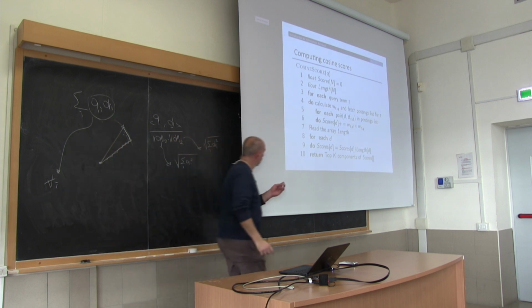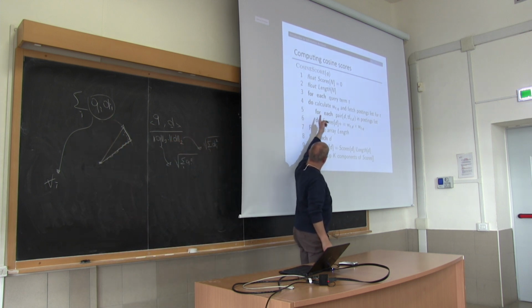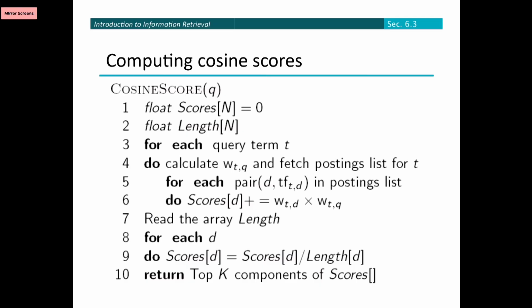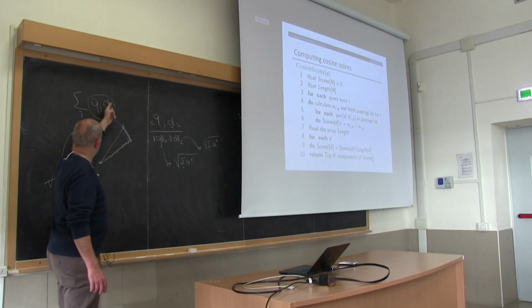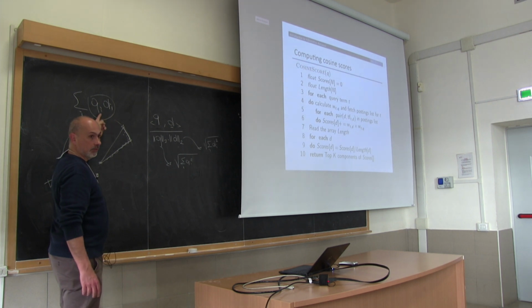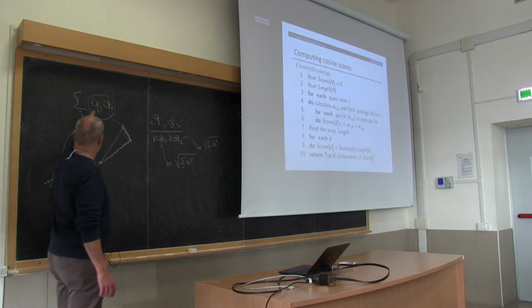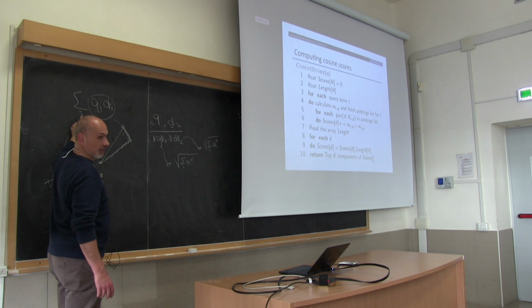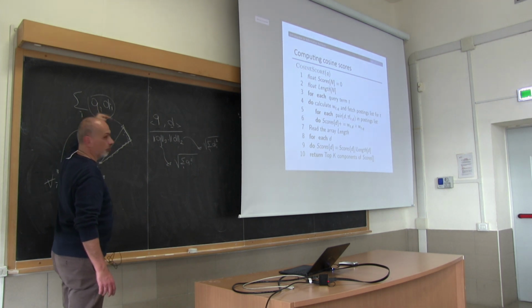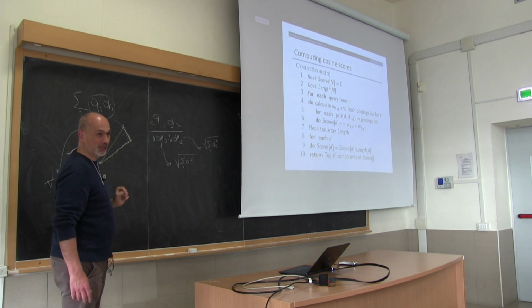Actually, for each query term, I enter the posting list of the query. And then for every document, I am just considering this term, okay? So here the sum is with respect to i, and the for cycle is with respect to the document, not with respect to i.